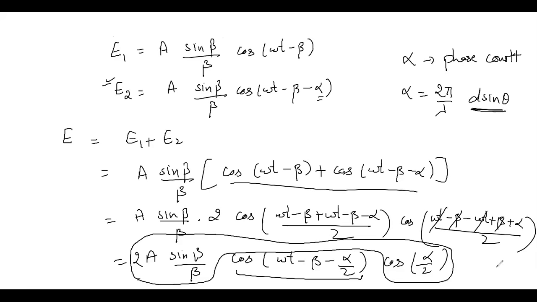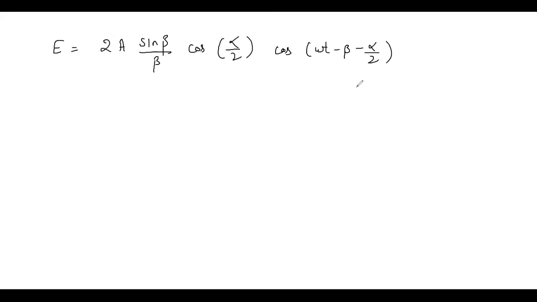This would be the expression for the disturbance on the screen. And let me remind you, I'm talking about this case here. Here is your screen. You can take any point of your choice on the screen.